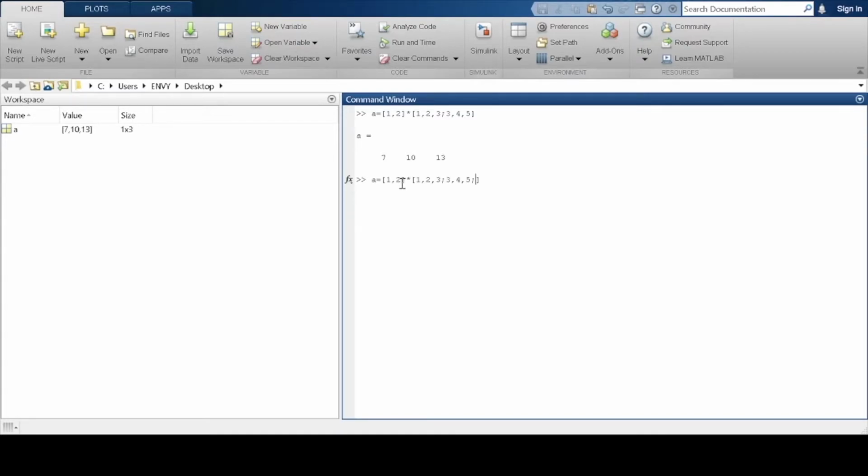So what if we add an extra row? So we see that it shows that there are incorrect dimensions. So for the multiplication to occur, it should always satisfy this rule. The number of columns of the first matrix should equal the number of rows of the second.